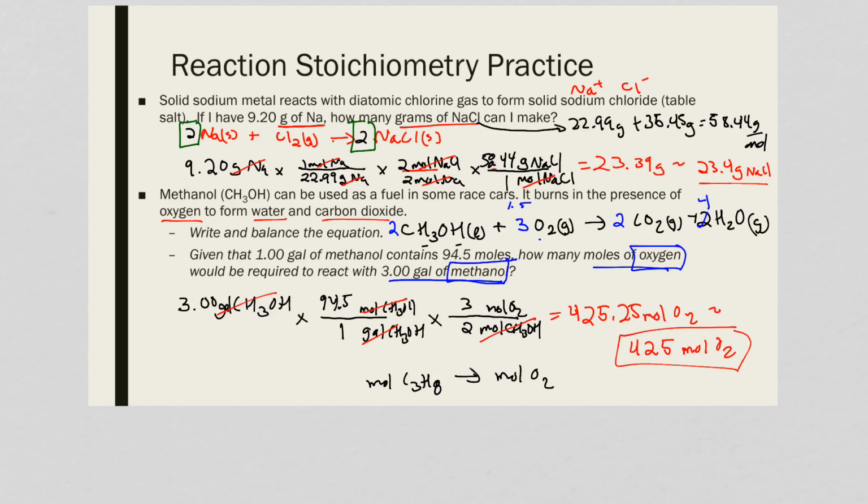And that would be the answer to the problem. Now, we could clearly convert this into grams of O2 if that's what the problem had asked us to do using the molar mass, but it didn't in this particular case. So a little different version of the problem, but with the same basic ideas of those mole to mole ratios, right? Those coefficients of our balanced equation being the key.